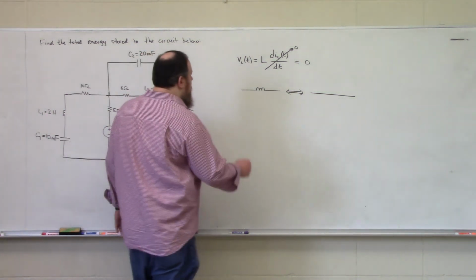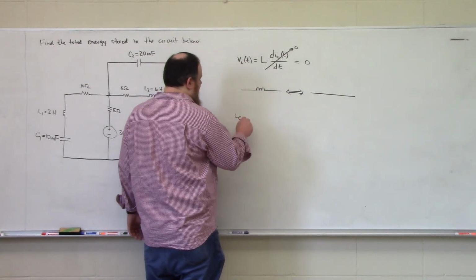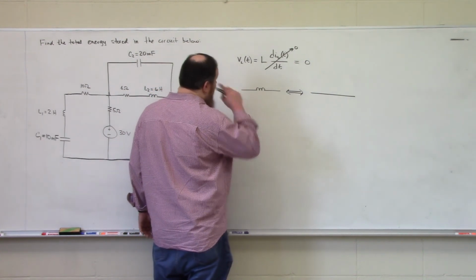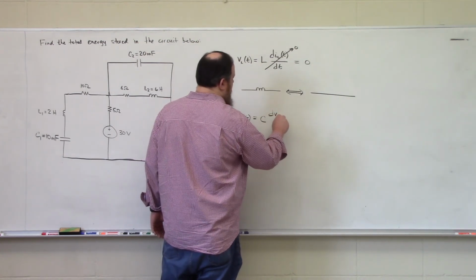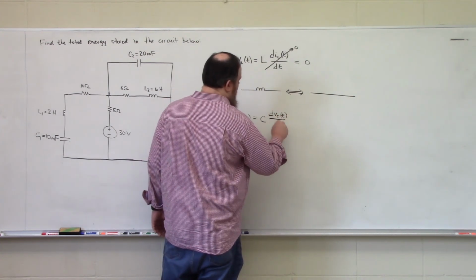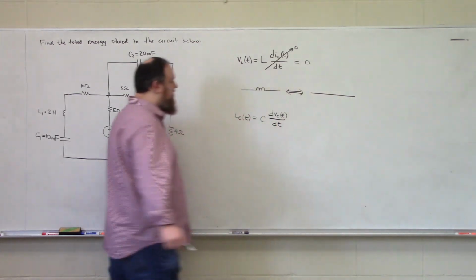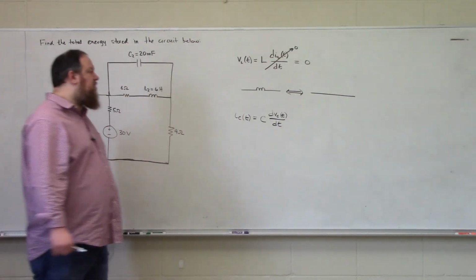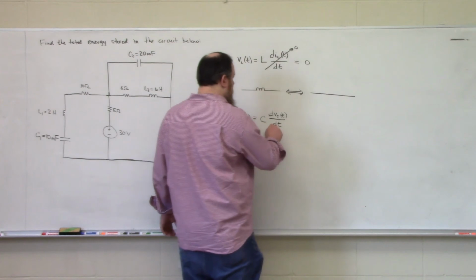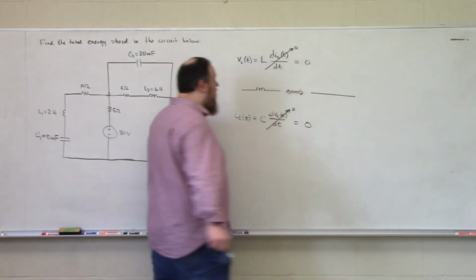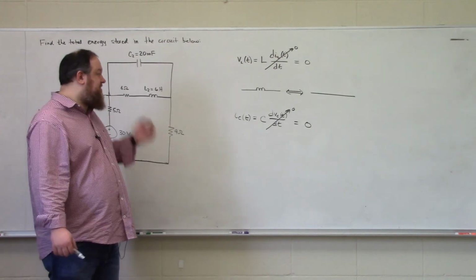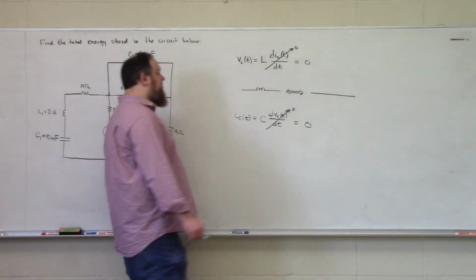Similarly, the current through a capacitor is C multiplied by the derivative of the capacitor voltage with respect to time. Well, if the voltage drop over the capacitor isn't changing, this derivative term goes to 0, and that means the current flowing through the capacitor must be exactly equal to 0.